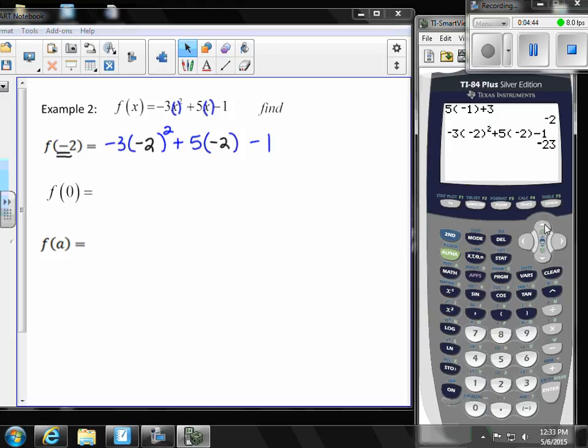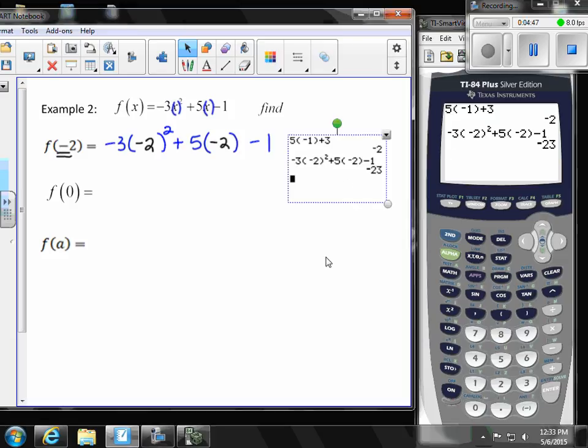And my calculator will tell me my answer here is negative 23.